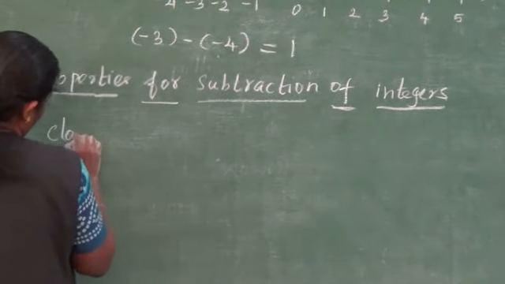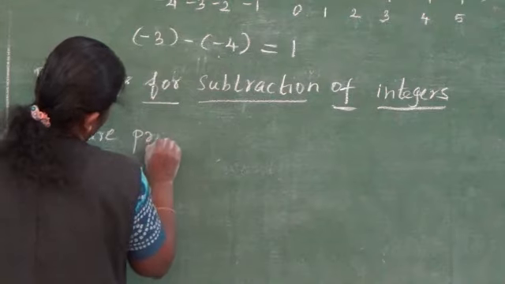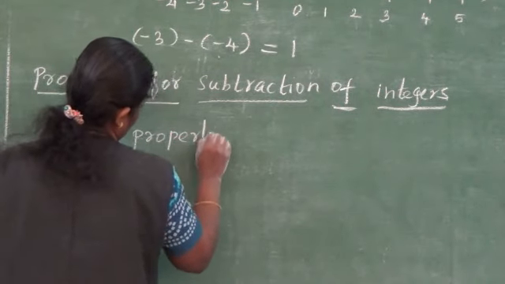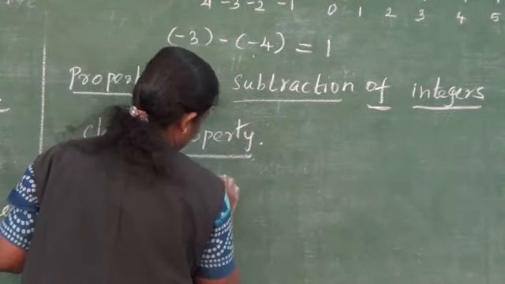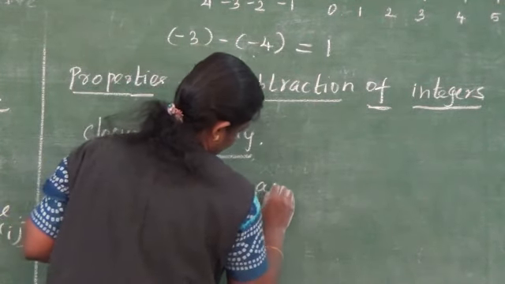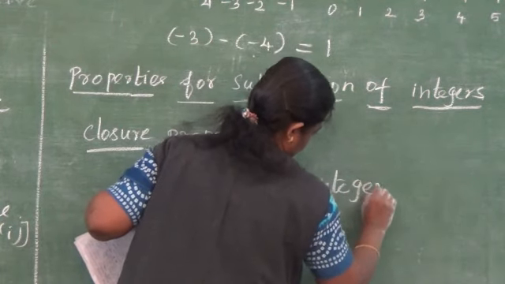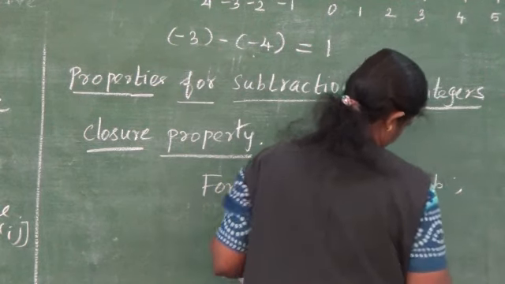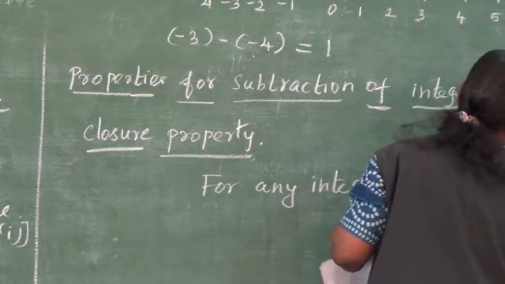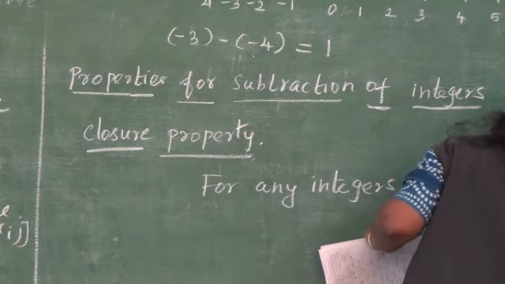Only the closure property holds for subtraction. For any integers a, b, a minus b is also an integer.